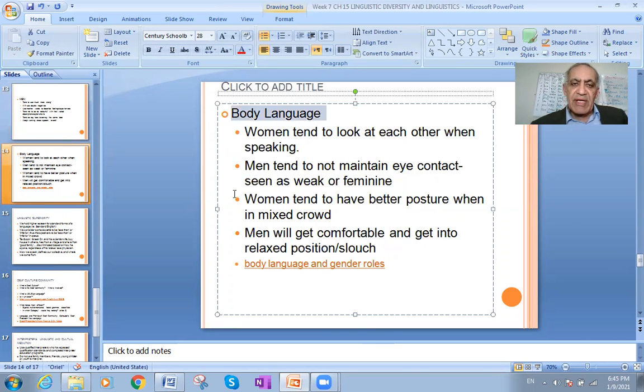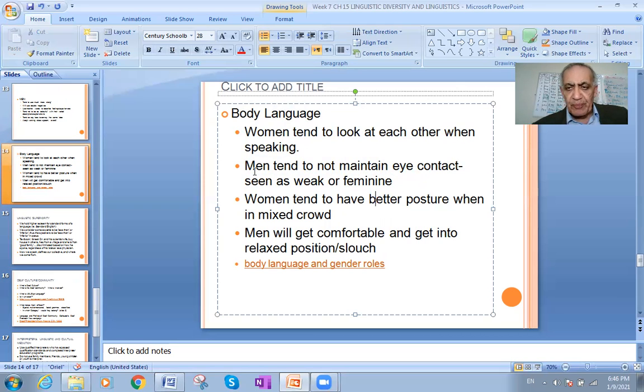How about body language? This is also very important because body language is very common in the whole world. It's universal, known in every place in the world. Women tend to look at each other when speaking. Men tend not to maintain eye contact, seen as weak or feminine.